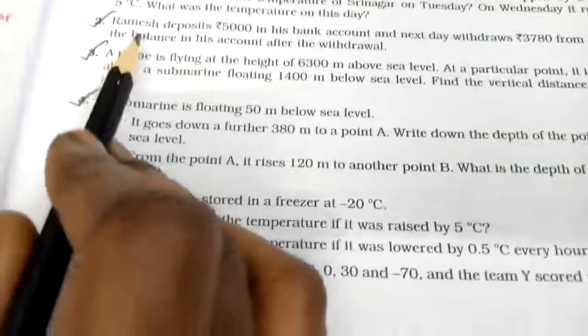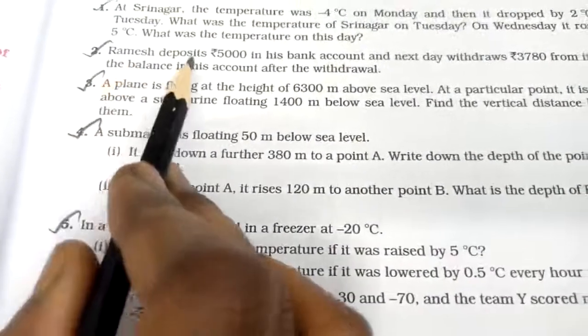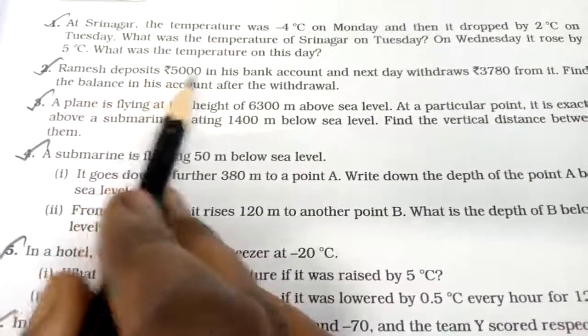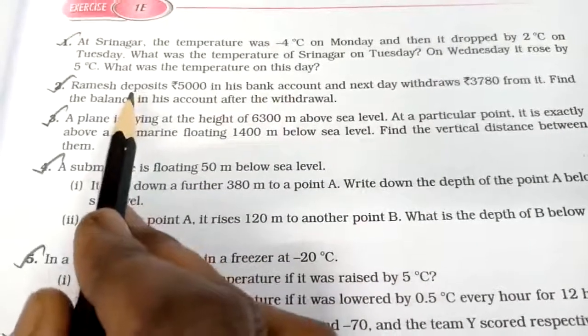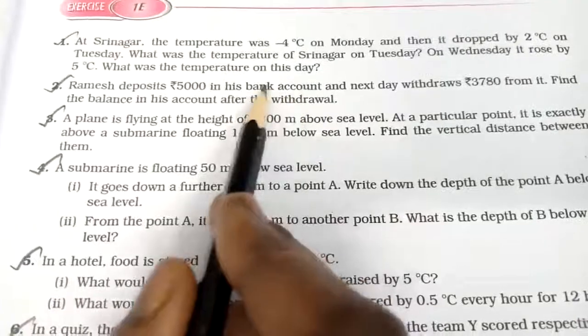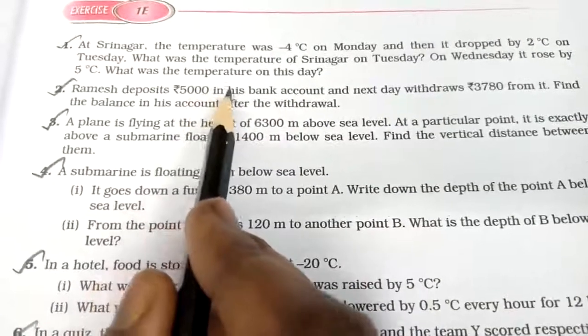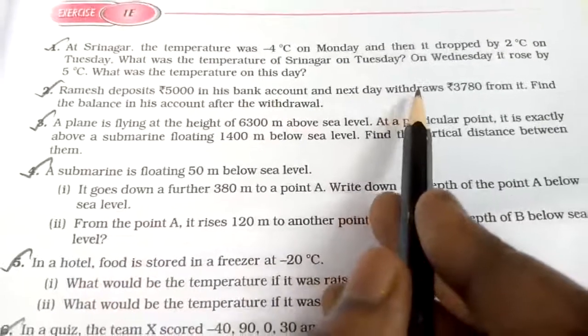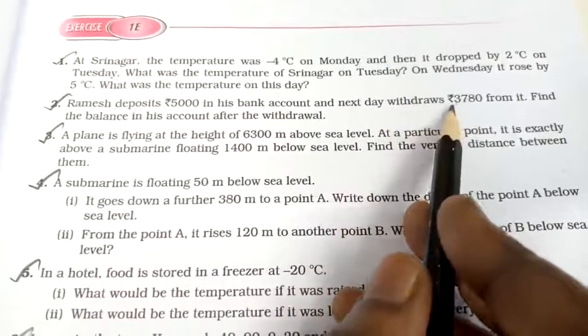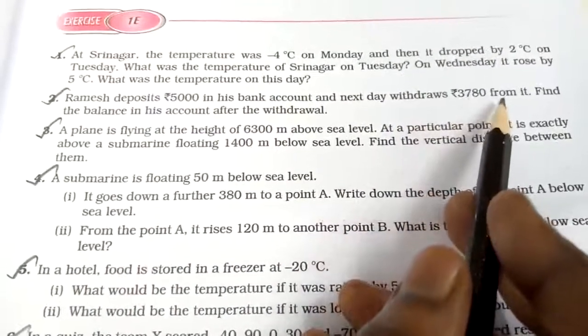The second question now: Ramesh deposits rupees 5,000 in his bank account, and the next day withdraws 3,780 from it.